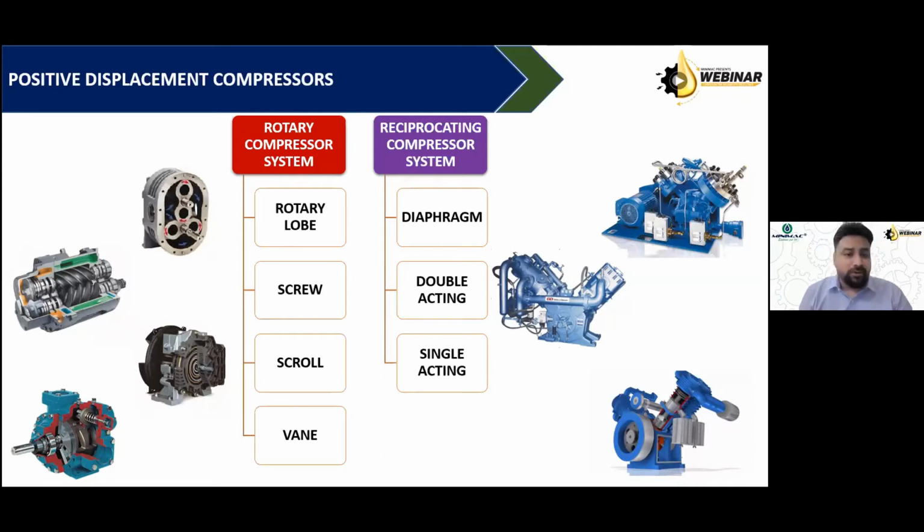While the rotation is happening, there would be certain lobes, or a screw arrangement, or there might be a scroll arrangement or a vanes arrangement. So based on the construction, based on the components inside the compressor, the names of compressors have been given as rotary lobe compressor, the screw compressor, the scroll compressor, and the vane compressor.